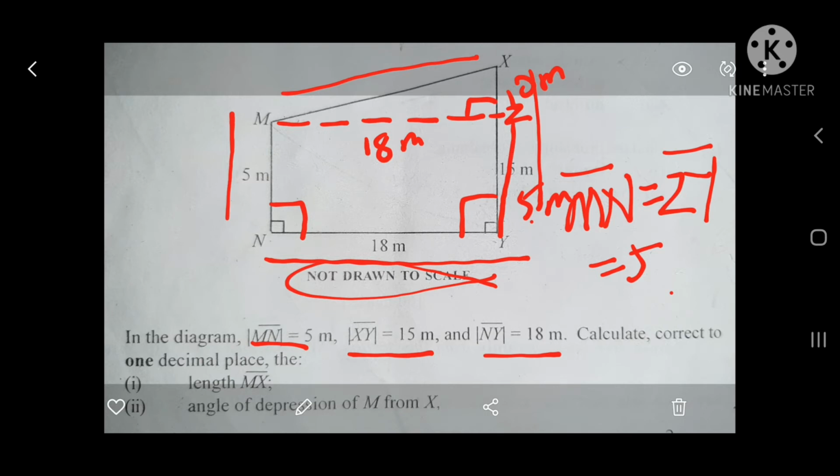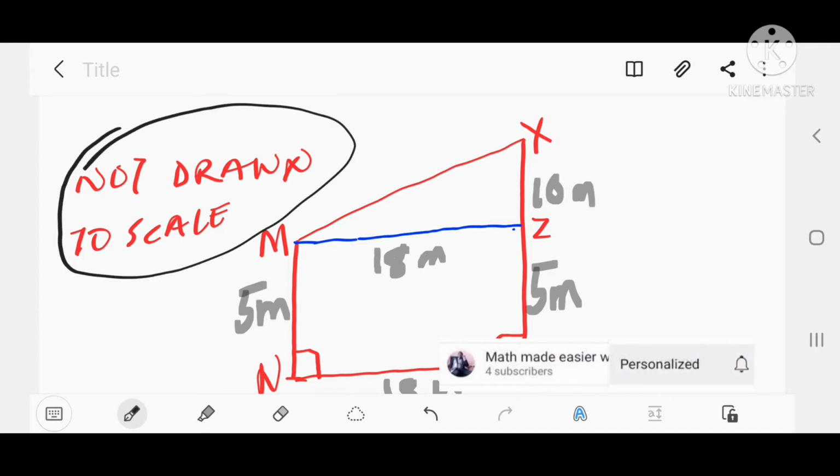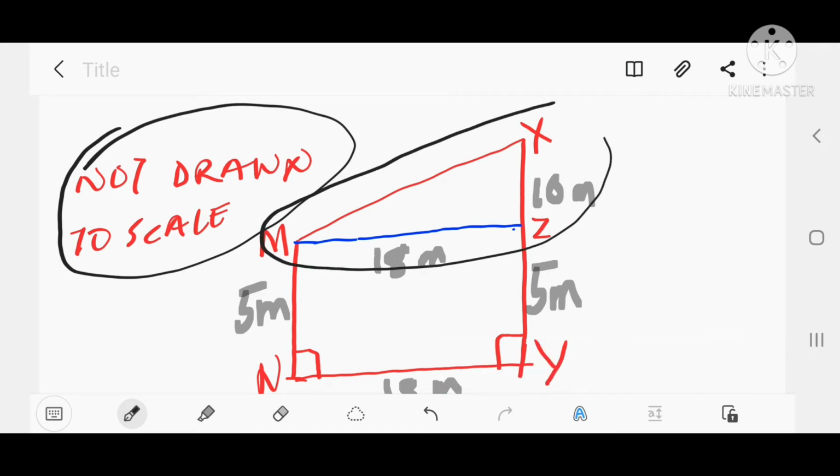We have our diagram as shown on our screen. Remember that it's not drawn to scale. So we can now pick this part of the diagram and solve it by Pythagoras theorem.